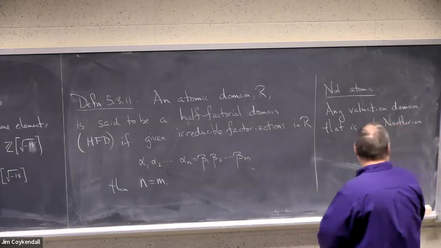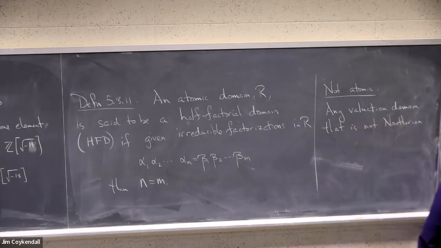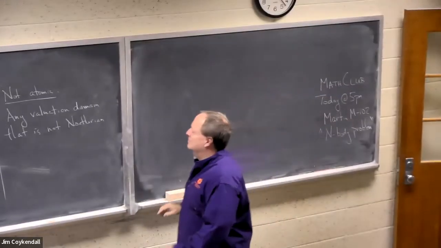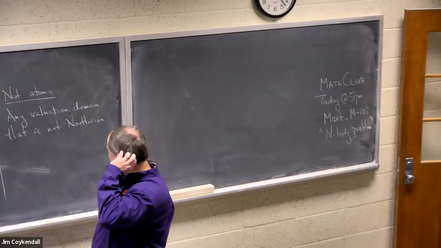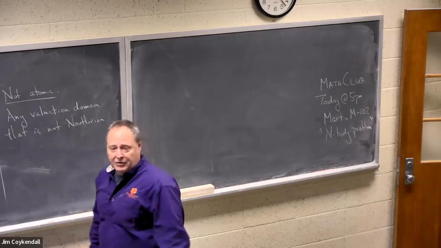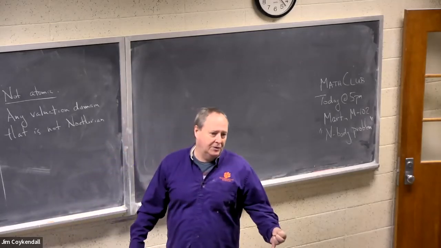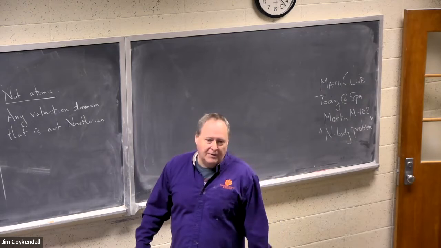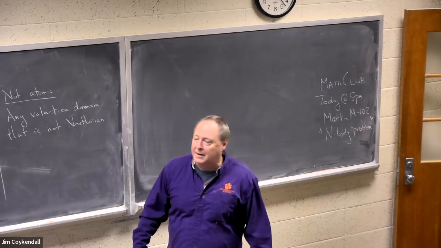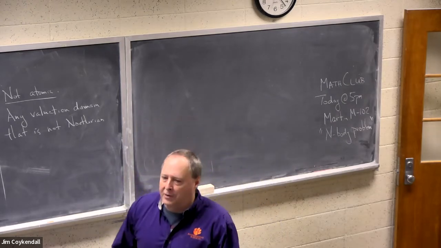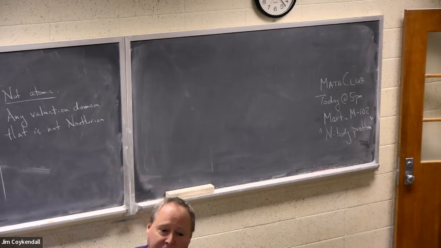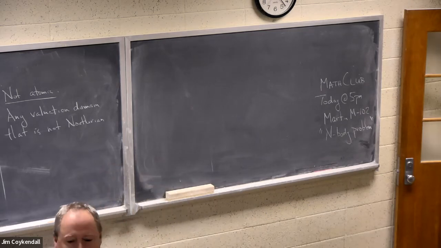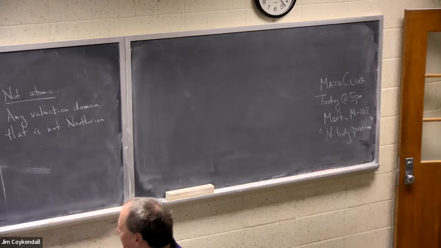So for example, for a valuation domain to be atomic, it's got to be one dimensional, because all Noetherian ones are, and you also have a caveat. One-dimensional non-discrete valuation domains, speaking very loosely, you can keep taking roots of elements, so there's no irreducible, there's only some root in it.